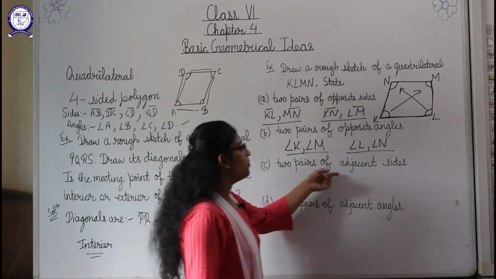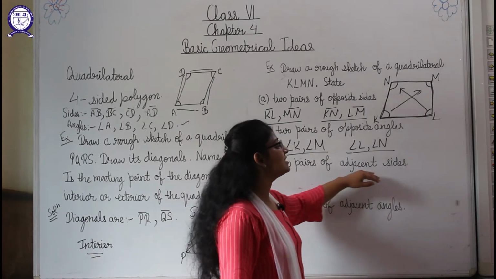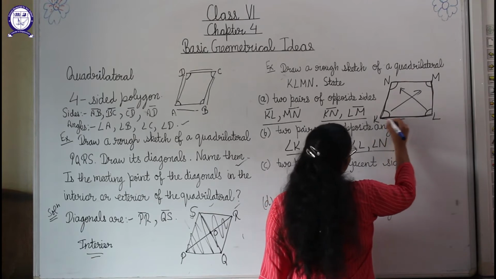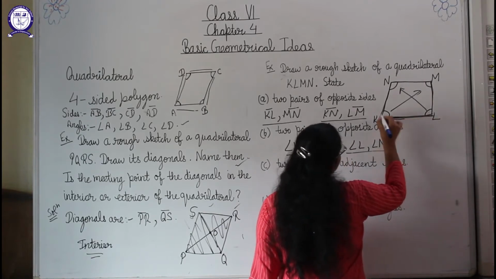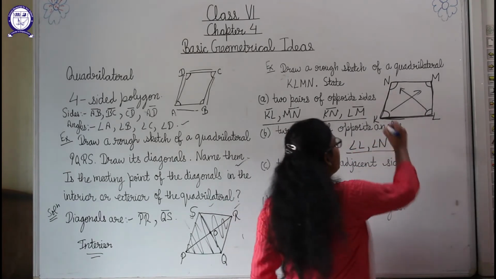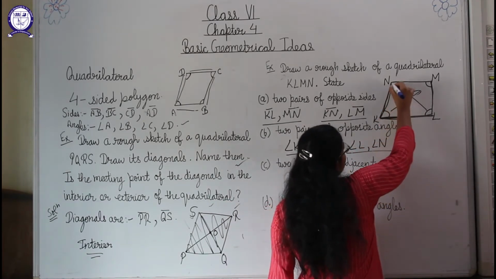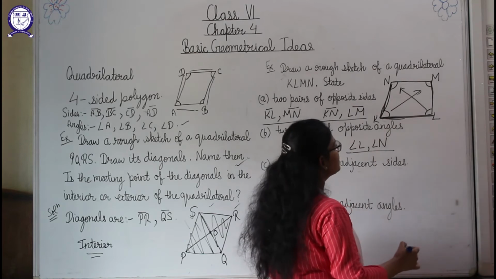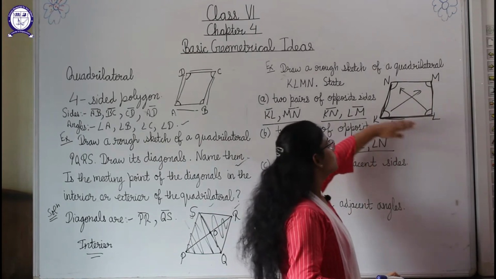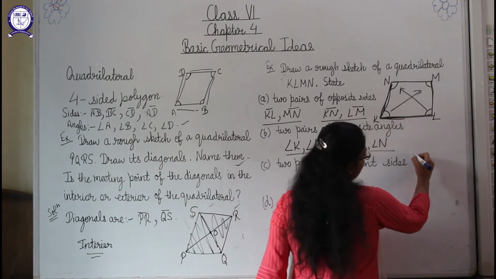Now in the C part, two pairs of adjacent sides. What are adjacent sides? Adjacent means like this. If we are taking KL as one of the lines, then its adjacent will be KN, or we can say ML will be the adjacent. Students, we are talking about KL.